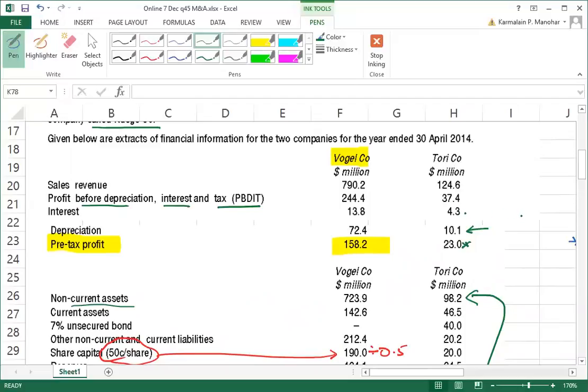So which one do you think we're going to start with here? I have pre-tax PBDIT and after depreciation. So I have 2 votes for this 23, and I have 1 vote for this PBDIT.